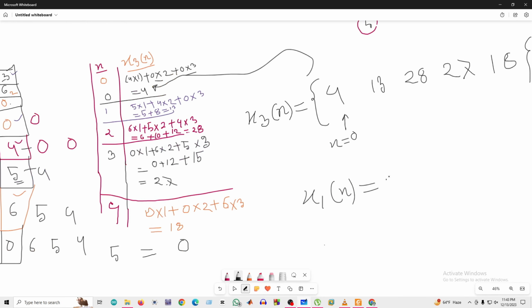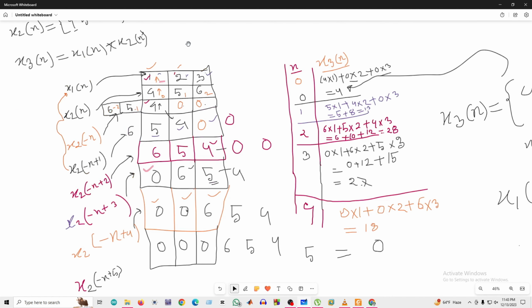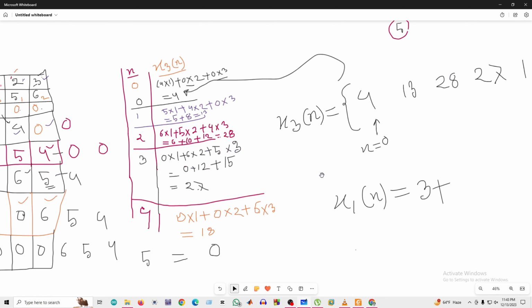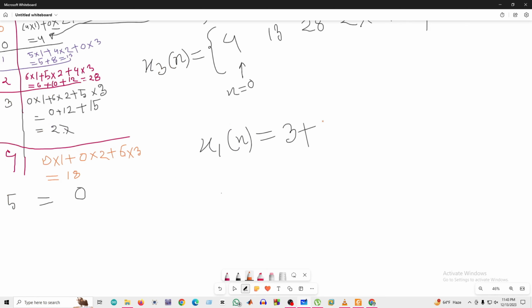The x1 of n signal length plus x2 of n signal length, which is also 3, and the formula has minus 1, so you have 6 minus 1, which is 5.